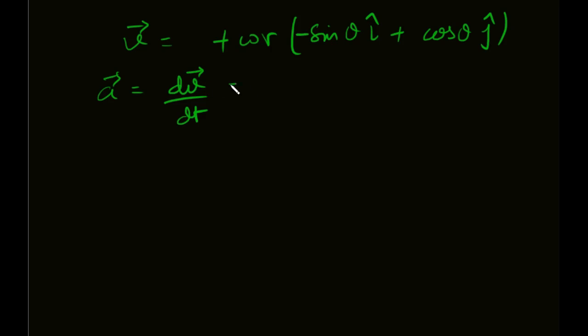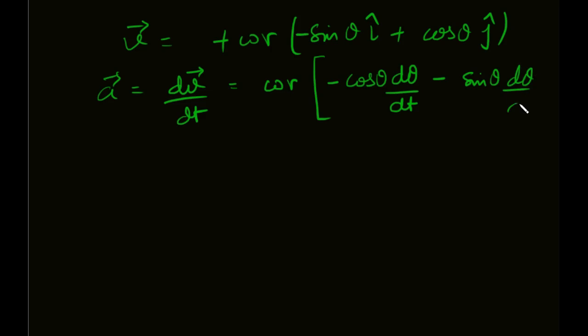Okay. So we have omega r, as omega and r are constant, we again differentiate this: minus cos theta d theta by dt i, minus sin theta d theta by dt j. This is correct.